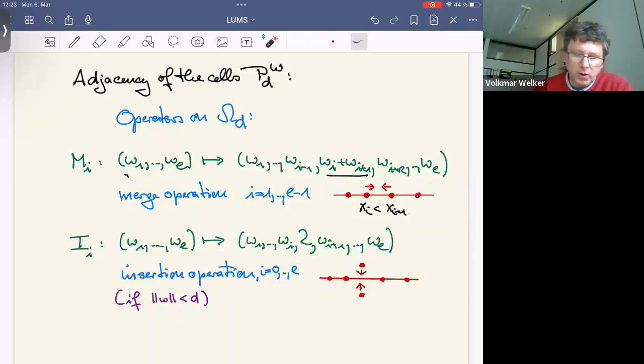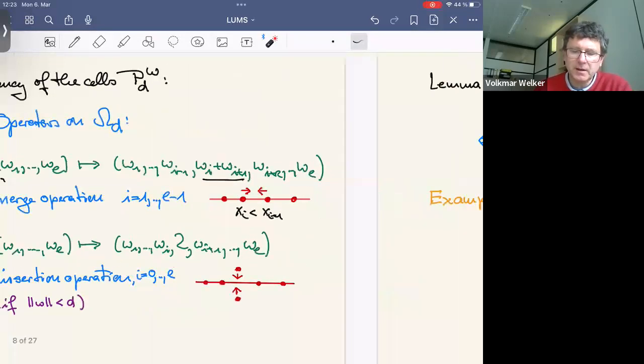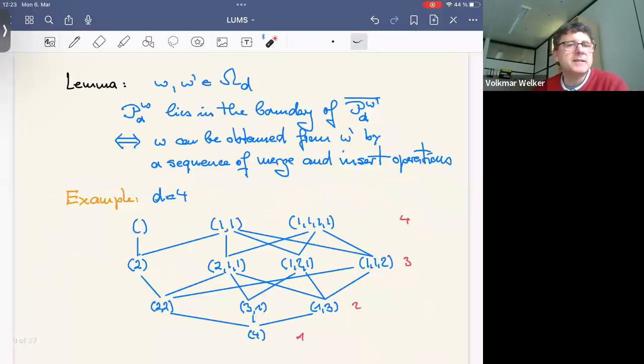So these are the two operations, merge and insert, that correspond to certain movements of roots inside the cell corresponding to a certain root multiplicity. And indeed, the lemma says that's it to describe the boundary.